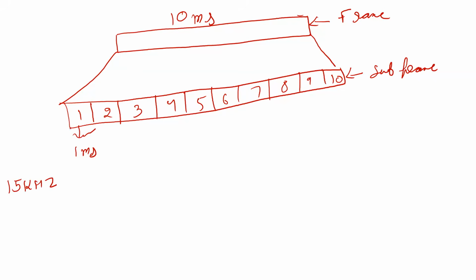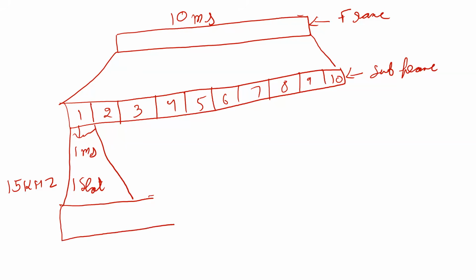In case of 15 kilohertz, when we have subcarrier spacing of 15 kilohertz, we have one slot, and in each slot how many symbols do we have?